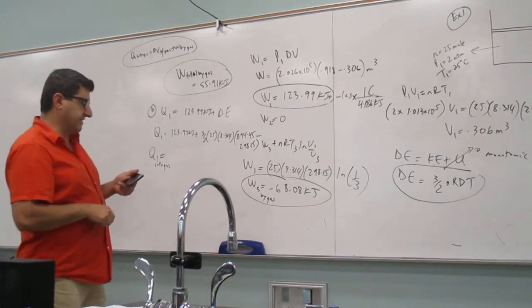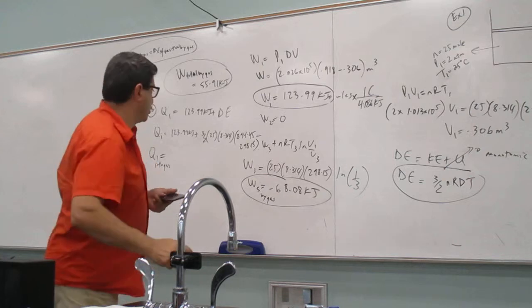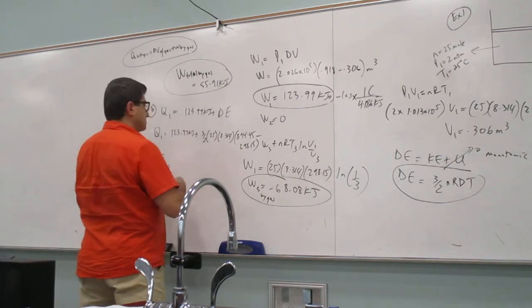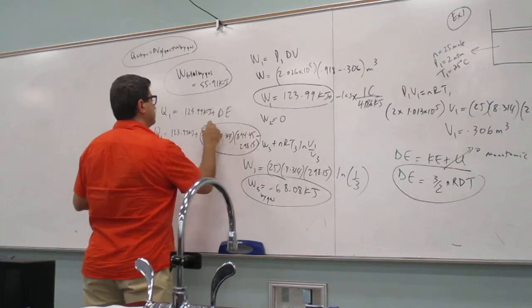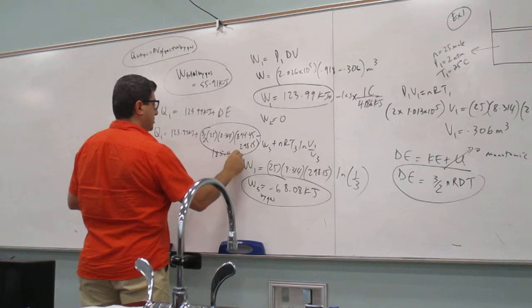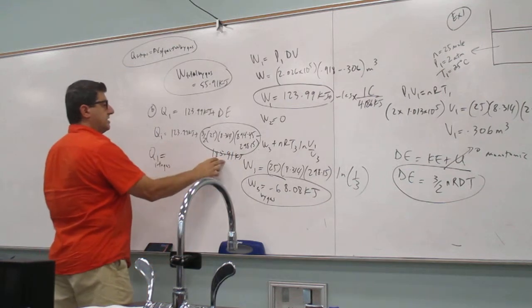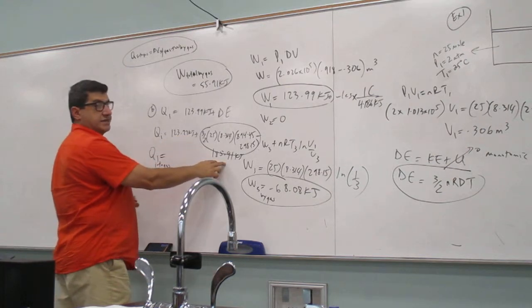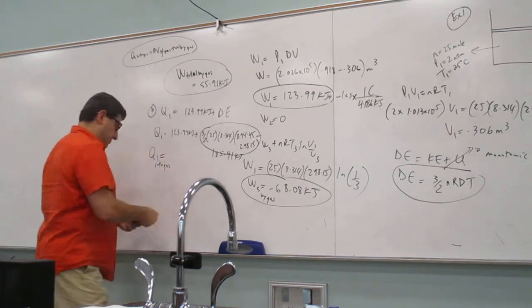So that's 185.91 kilojoules. So that means that the heat I put in is the sum of the work done plus how much energy it increased.